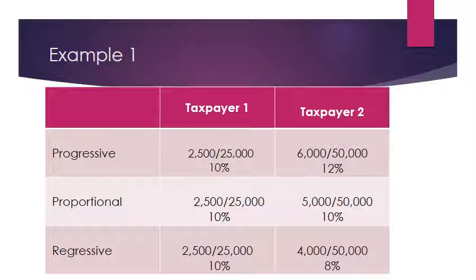Even though taxpayer 2 in monetary terms is still paying more, £5,000 compared to only £2,500 by taxpayer 1, the effective tax rate is the same. So the burden of the tax on both taxpayers is the same, 10%, and in this case the tax would be proportional. The effect of the tax on both taxpayers would be the same.